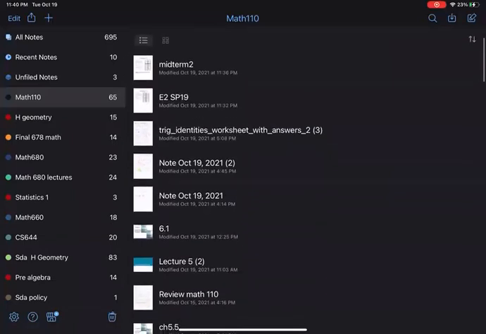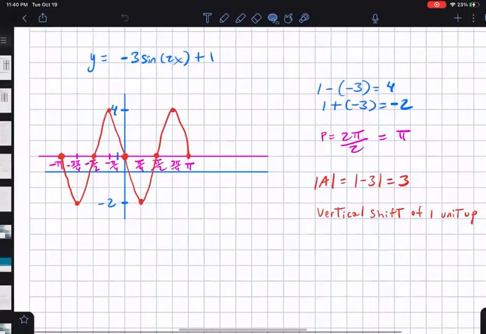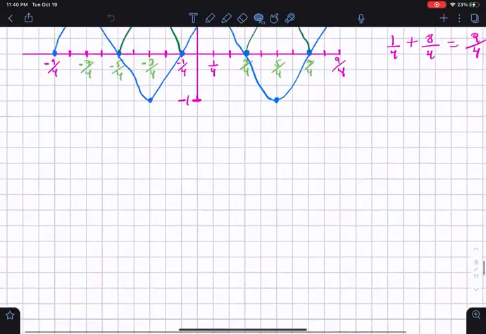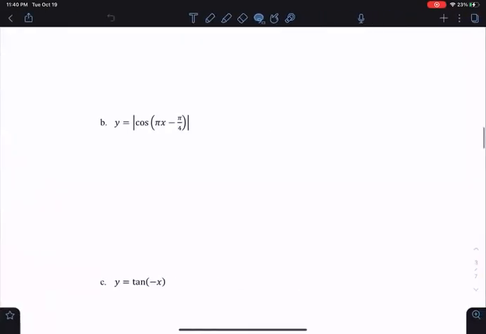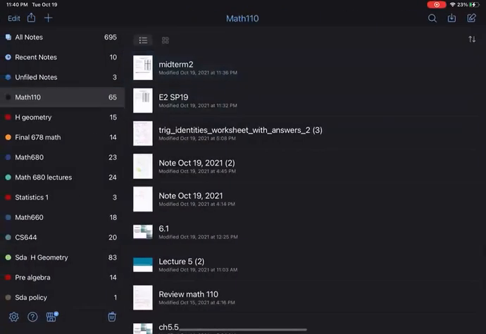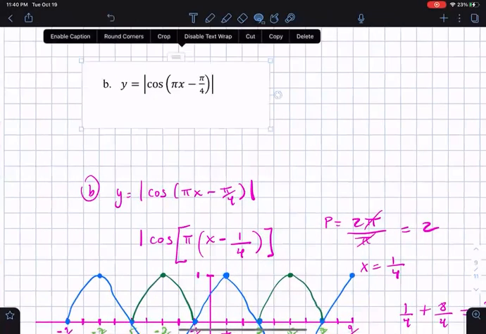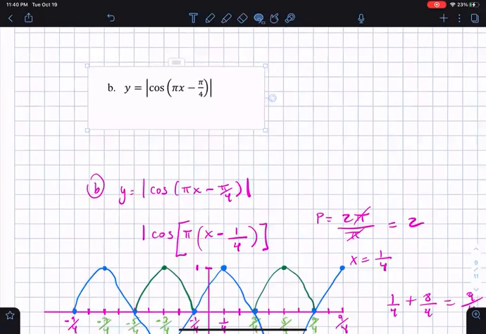I don't know where I put it. Doesn't matter. Oh, here it is. So this is the one you ask, right? Okay. Sorry about that. Okay. So this is the one you ask, right?